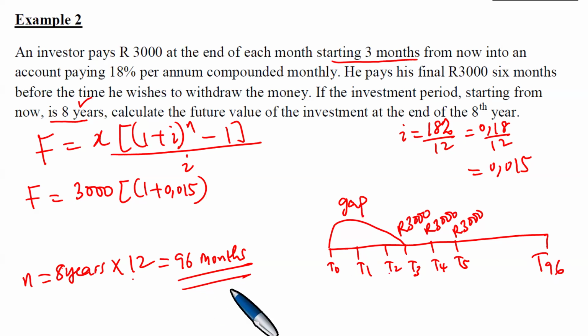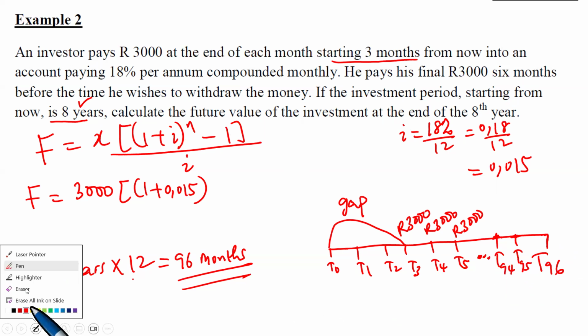But there's more to that, because there's T95, T94. Remember that he is clever, and he pays his final 3,000 6 months before the time he wishes to withdraw. 6 months, so you're going to be doing that at T90.